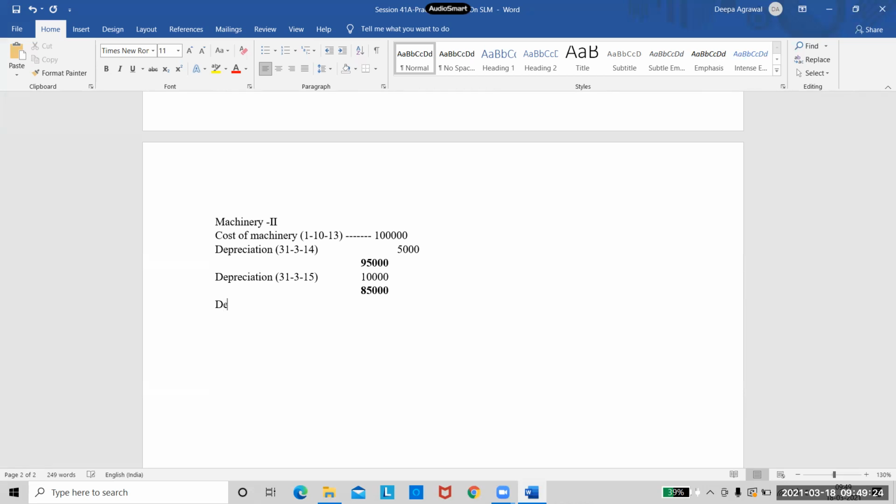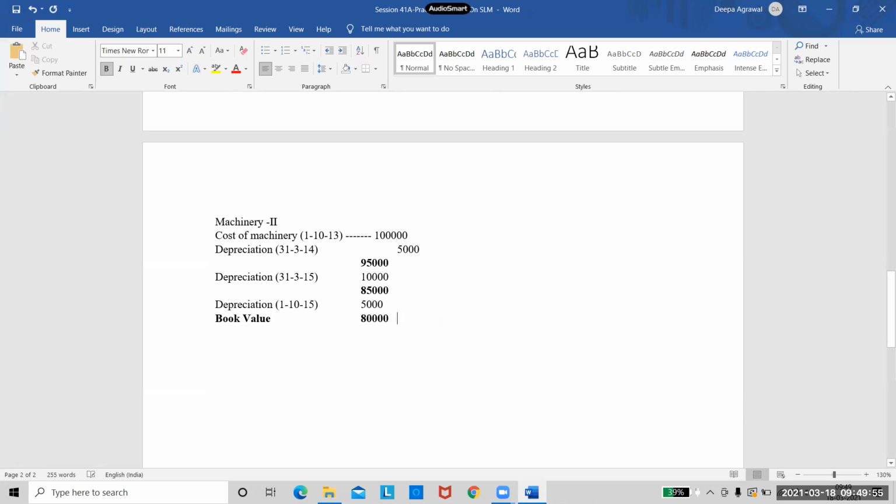We are again providing a depreciation on 1st October 2015 itself. And that depreciation is only for 5,000. So what is the balance left over? 80,000 is the balance left over, and this balance is called the book value. So book value is your 80,000.